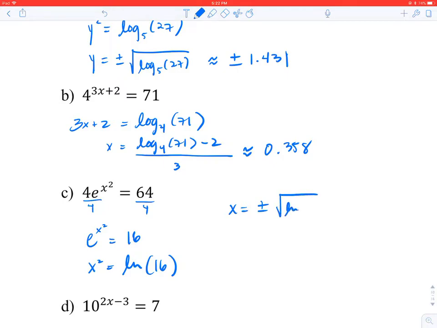So x is equal to plus or minus the square root of natural log of 16. So x is approximately plus or minus the square root of ln 16. So we get plus or minus 1.665.